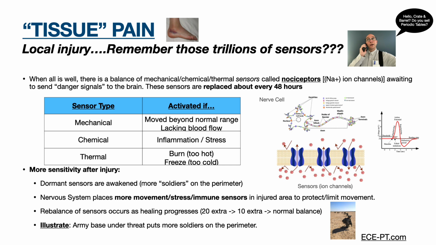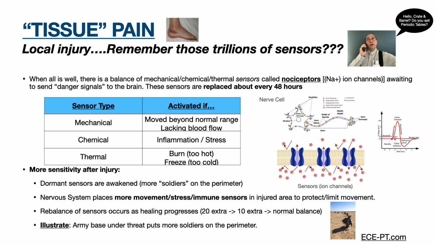Think about when all is well, you have no injury, we have a balance of all the different sensors. We mentioned we have trillions of these sensors that the nervous system has looking for information. These danger sensors, we call them technically nociceptors.